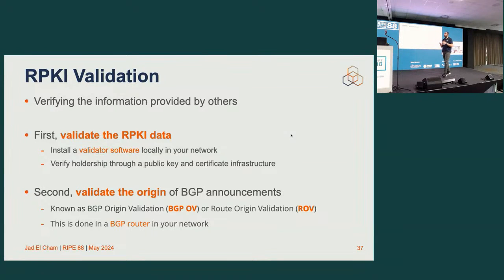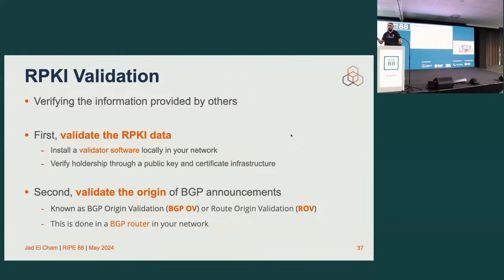Once that validator software comes back and tells you this is the final list of validated ROAs, which we call VRPs later on, you can start taking this as a source of information against which you can compare the BGP announcements that you receive from your peers. You'll have three options.